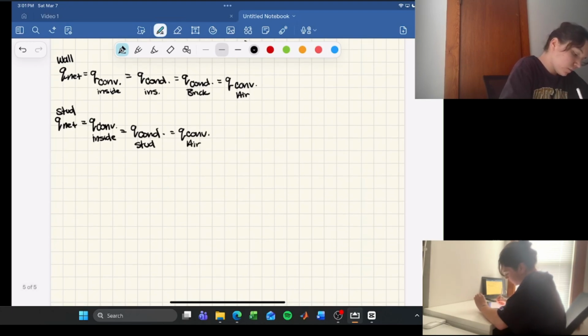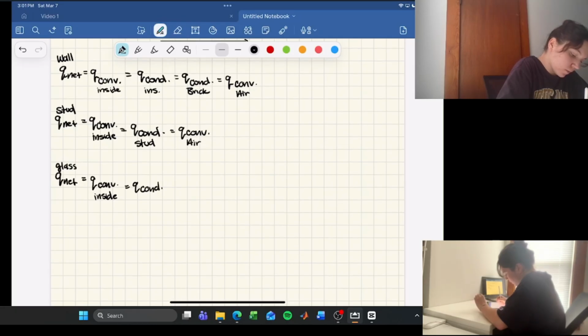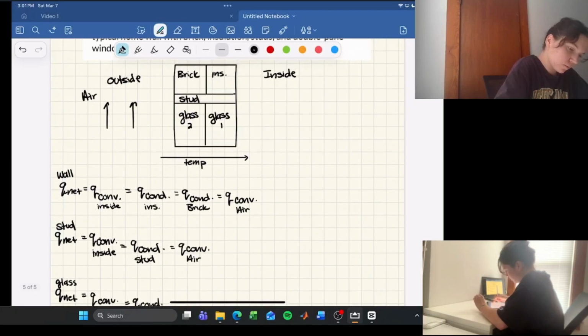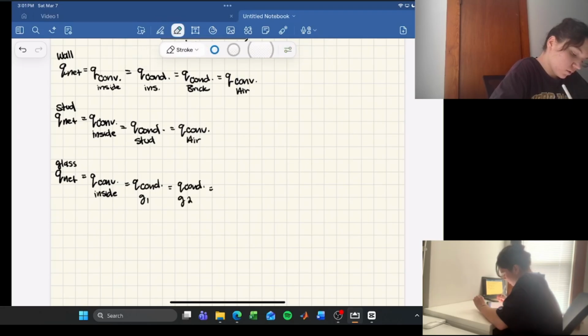And we also need to know the net heat flow through the glass. This is going to be, again, the heat flow of convection from the inside, equal to the heat flow by conduction from glass 1, equal to the heat flow of conduction through glass 2, and that's equal to the heat flow of convection through the air.